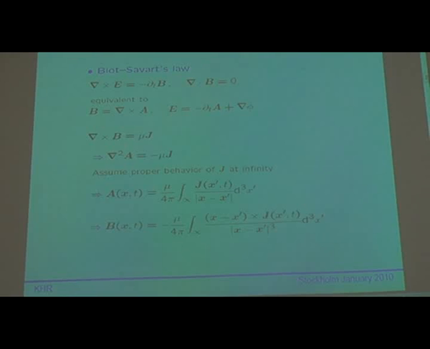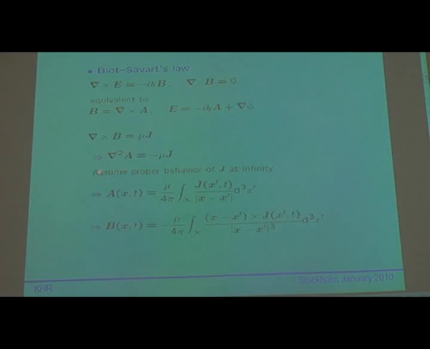So, we have spoken about the two homogeneous Maxwell equations. Now, the only inhomogeneous one we have is curl of H equal to J, or I can write it in this way. And if I take a vector potential A which is divergence free, I have this equation for A, that means a vectorial Poisson equation.